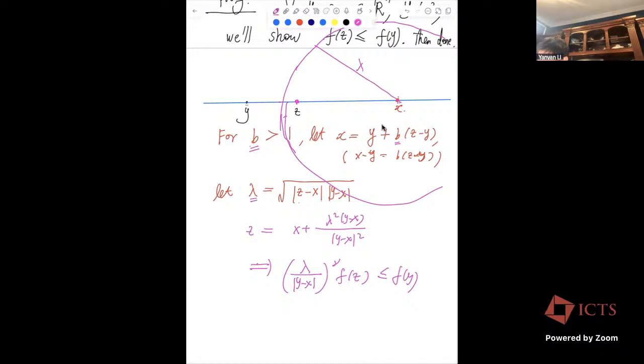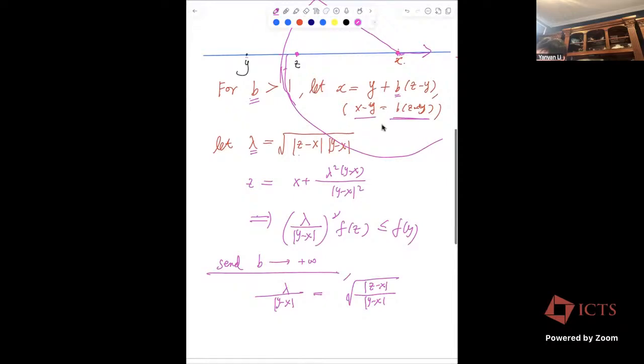So now here I send b to plus infinity. You will see this x will go this way. When you send b to infinity, x will go this way. So lambda over |y minus x| will be equal to the square root of |z minus x| divided by |y minus x|.